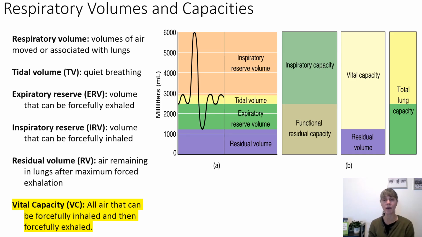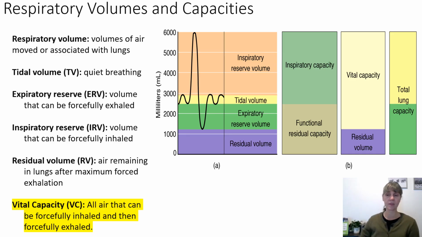If I go back to tidal volume, breathe in, breathe out, and then come all the way in forcefully, as much as I can get in, that is what we refer to as inspiratory reserve volume. Inspiratory reserve volume is the amount of air that can be forcefully inhaled after a normal inspiration.